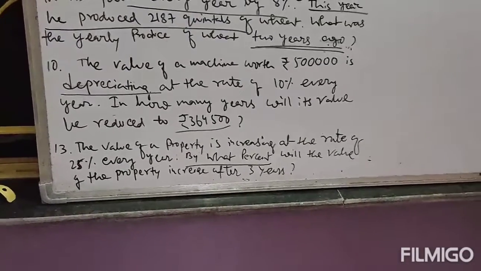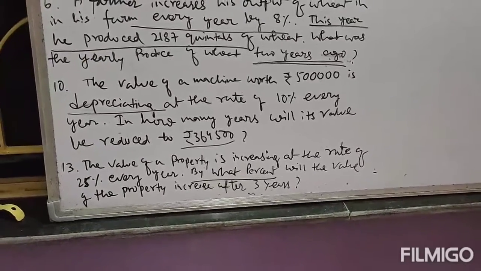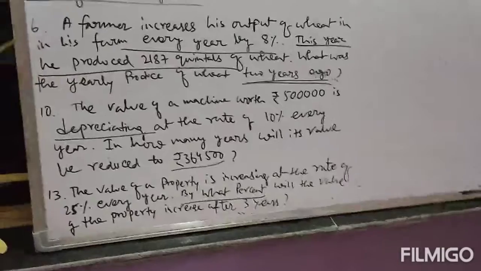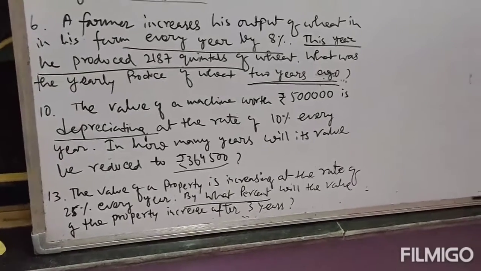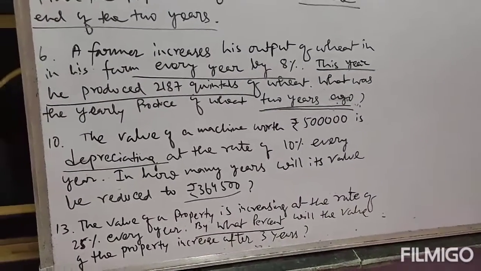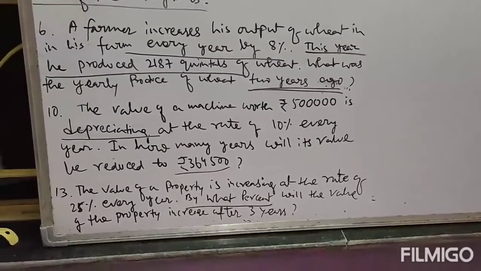Property increasing means a growth case. We have to find the increase percent after 3 years. That means by what percent the property increases after 3 years.